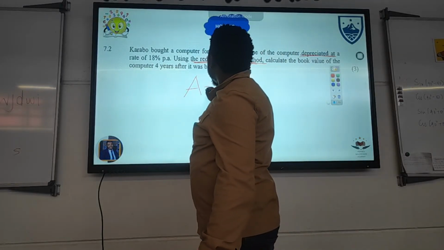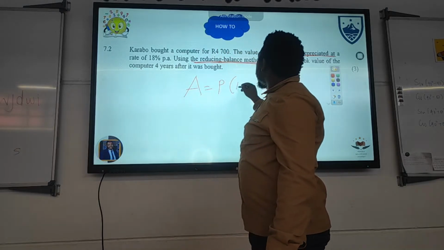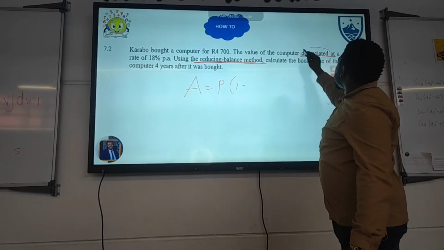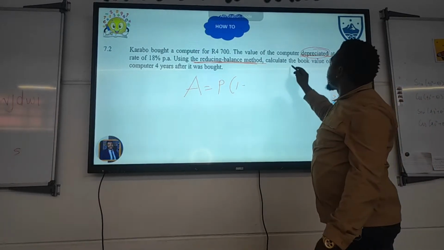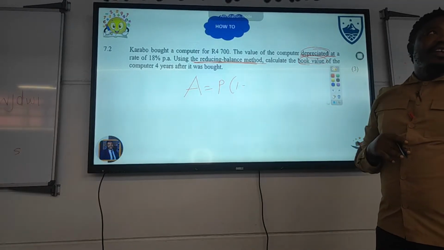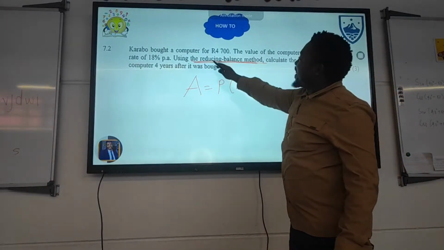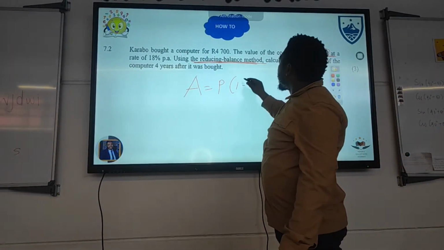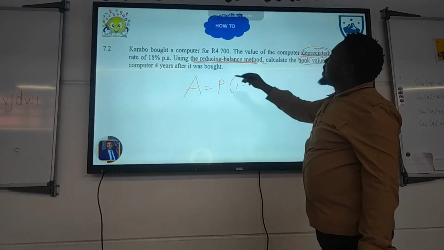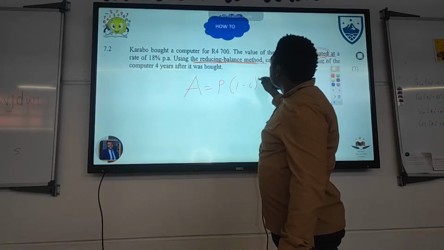A equals P, because of depreciation, is going to be a minus, because we have depreciation, or you can see it by looking at the book value. You know that a book value of any object will actually depreciate. And then because we're using a reduction balance method, this also confirms that it's a minus, and the reduction balance method is the one with the exponential, we go to (1 minus i) to the power of n.